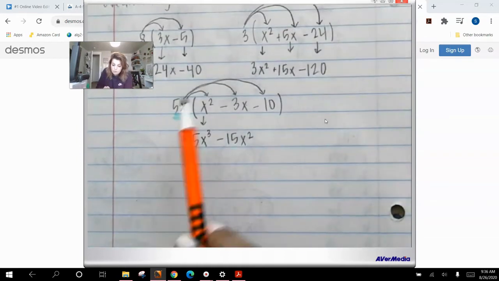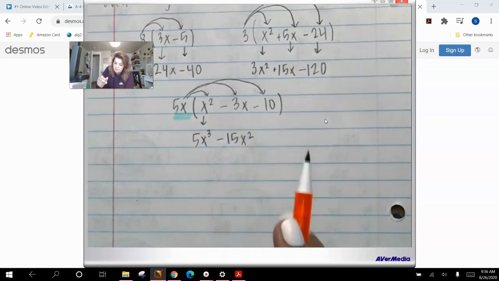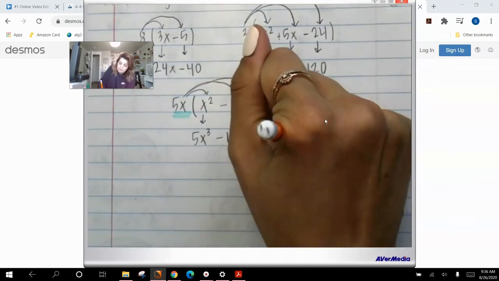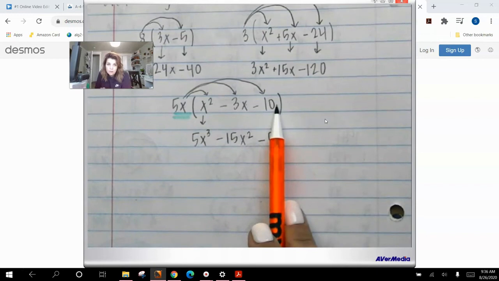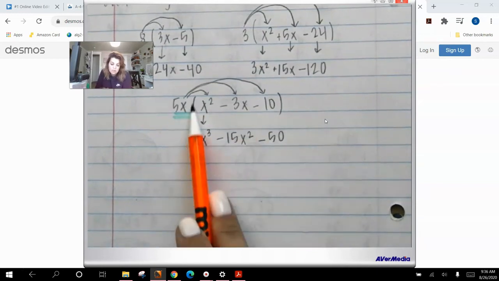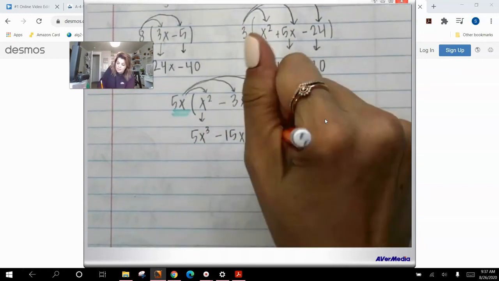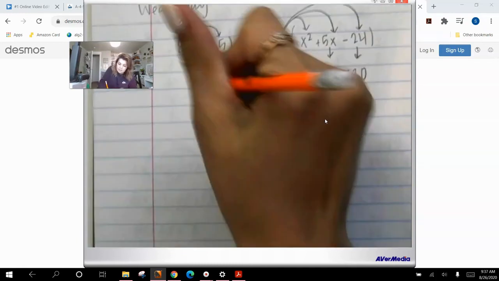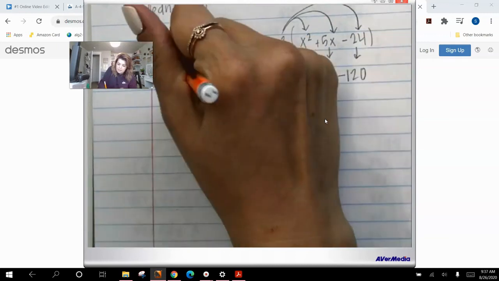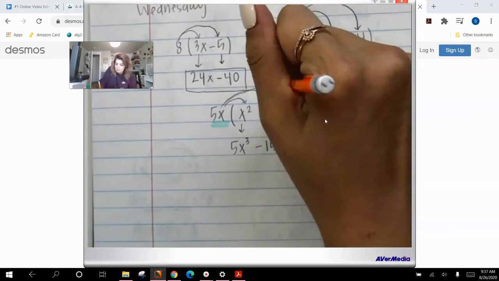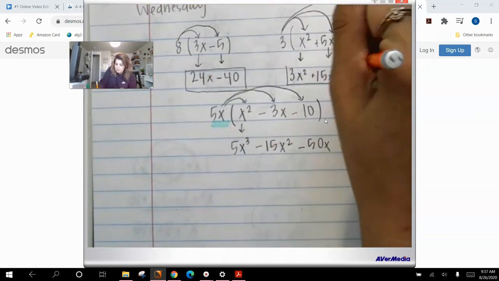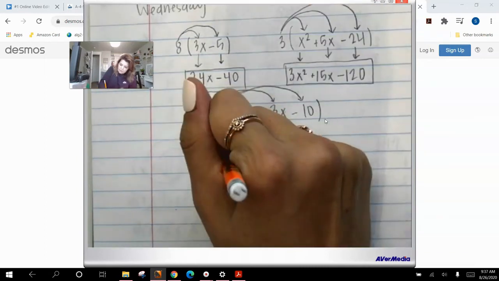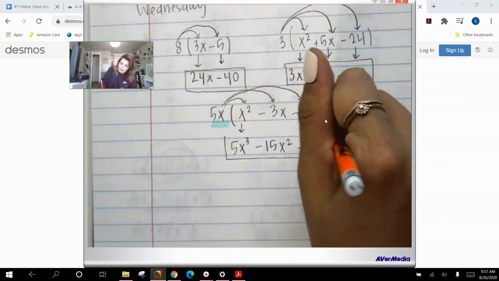And then on the last one, 5 times -10 is going to be -50. I have no variable on the 10, so that just means I have this 1x that I need to keep track of. I like to box my answers to try to keep my work a little bit neat, so I'm going to do that really quick.